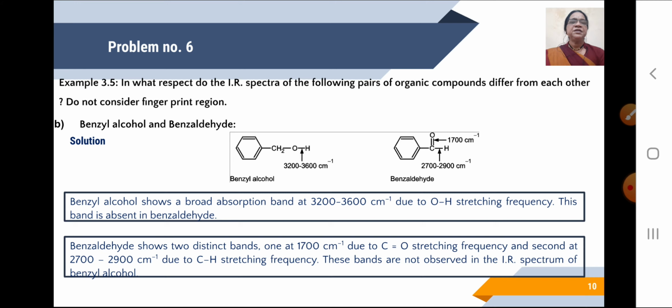This band is absent in benzaldehyde. Benzaldehyde shows two distinct bands. One is at 1700 per centimeter due to the CO stretching frequency, and the second at 2700 to 2900 due to the CH stretching frequency. These bands are not observed in the IR spectrum of benzyl alcohol.